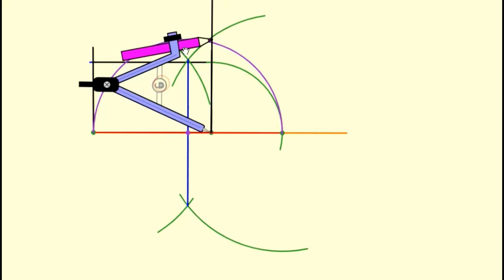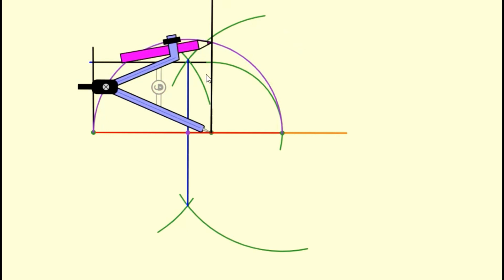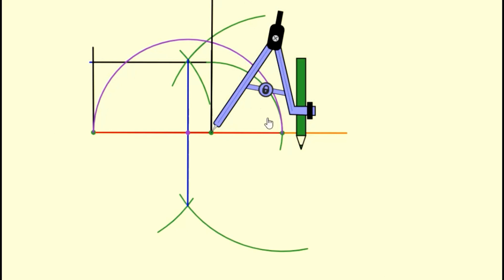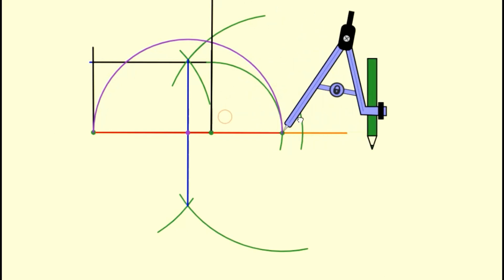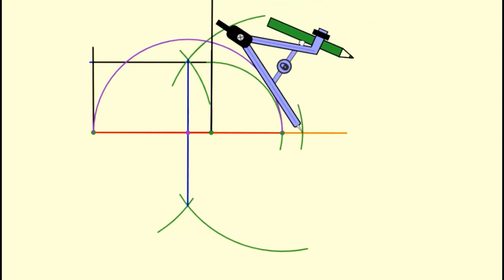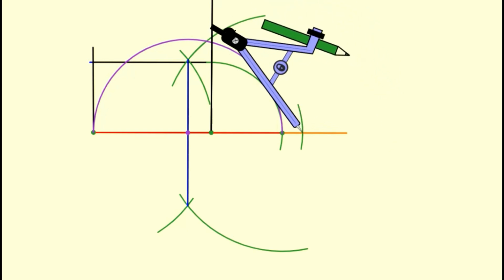This is the side of the square which we have to draw. Take that distance in the compass and draw an arc. Put the compass at this point, taking the same radius, draw another arc.